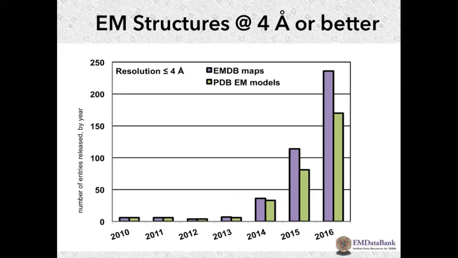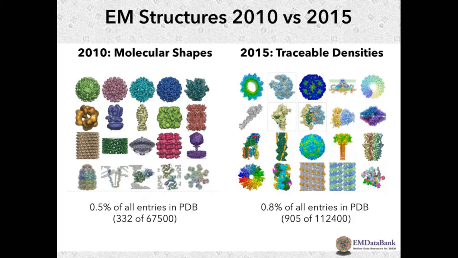And the really exciting thing with the resolution revolution, with all the improved detectors and collecting using movies and improved software, is that back in 2010 we had interesting shapes, but here we are in 2015 with, well, 30 ribosome structures by a certain search. How do you know which one to use? How would you know?